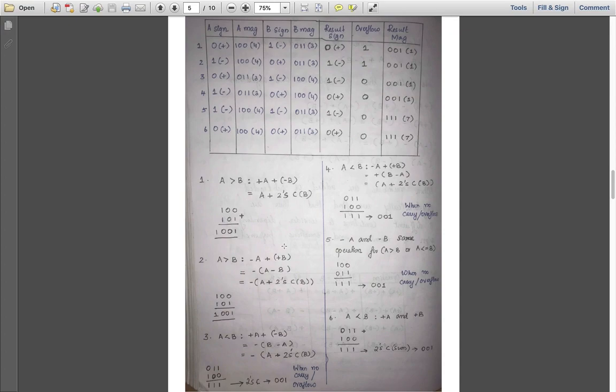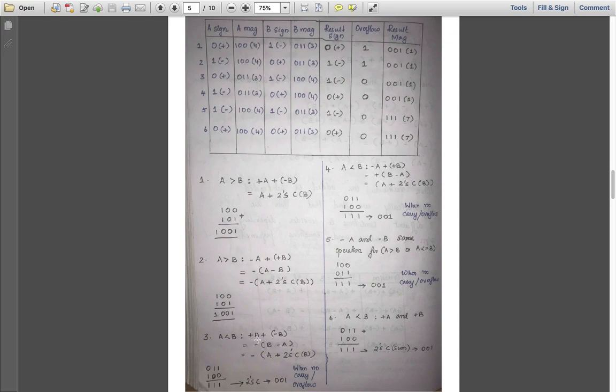Now there is another case that comes when you don't have a carry flag. When you have a carry flag or an overflow, the result is directly written as such, 001. Now in this third case, just listen here.